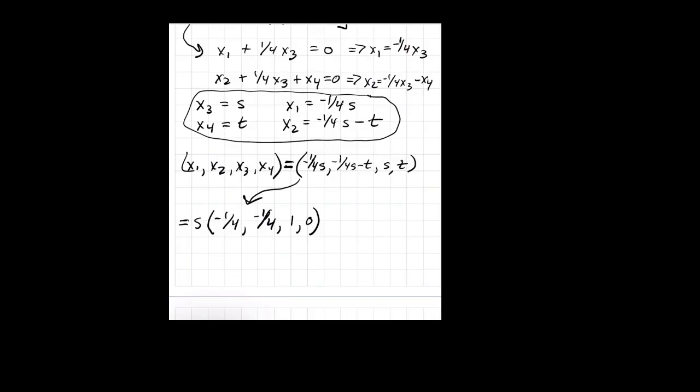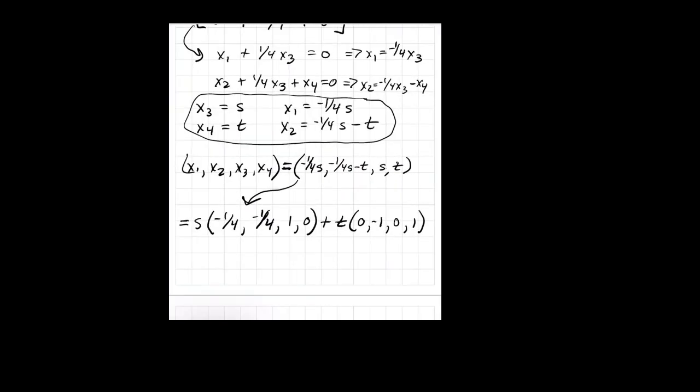And then we're going to pull out our t. For that first term, there's no t term, so that'd be a 0. Here, we have a negative t, so this will be a negative 1. For that third term, we have no t's, and for that last one, we have a 1. So here are our two vectors that can form a basis for v.